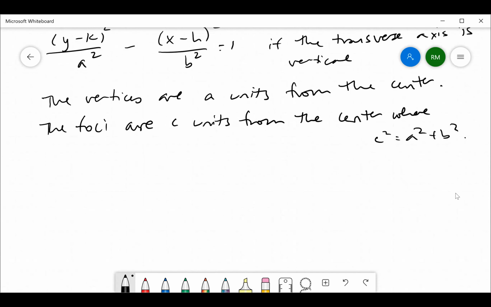Graphing a hyperbola takes a little work, and it's helpful to be able to graph its asymptotes. So a hyperbola has two asymptotes.